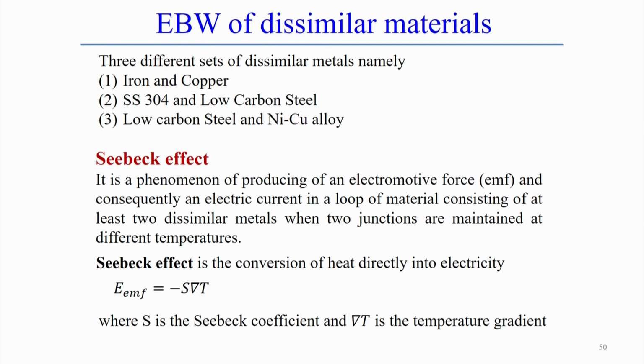So, EMF, the electromotive force, can be represented as minus S into delta T, where S is the coefficient and delta T is the temperature gradient. So, the presence of a temperature gradient creates some electromotive force, that is the Seebeck effect, and that effect is responsible here for creating the deflection of the beam.